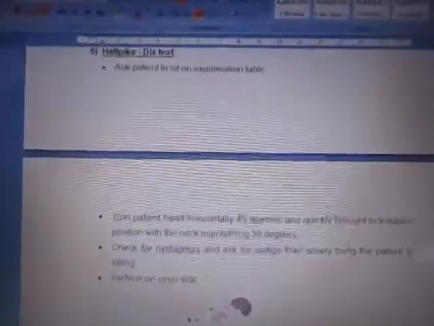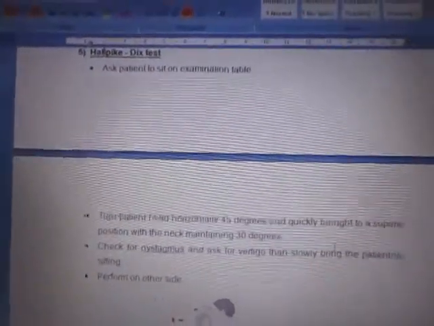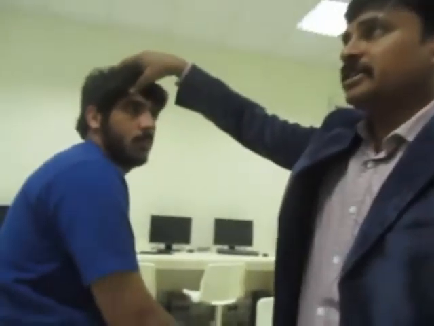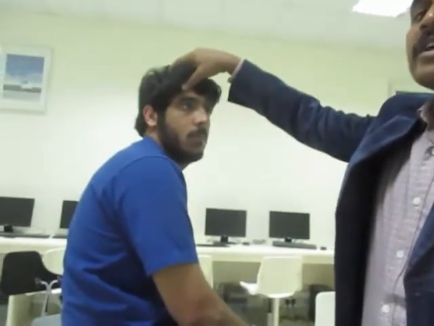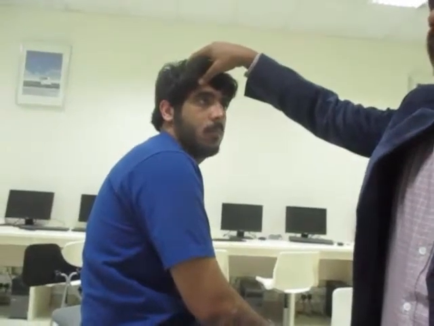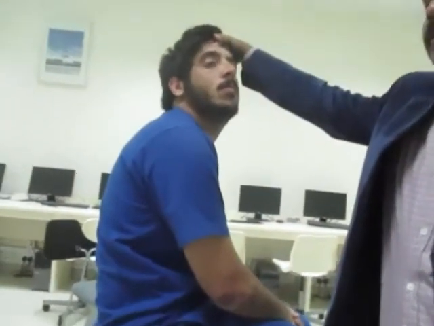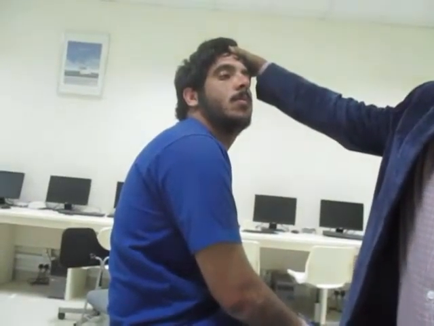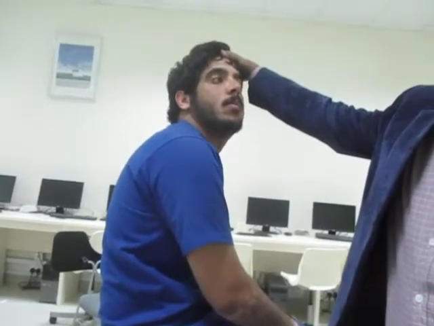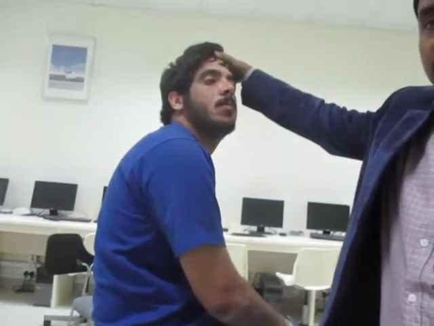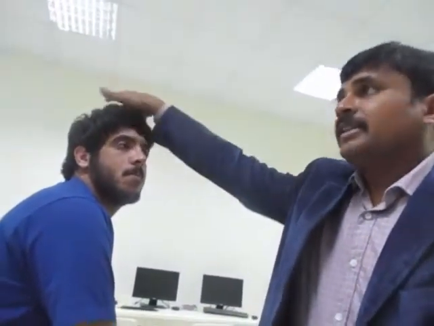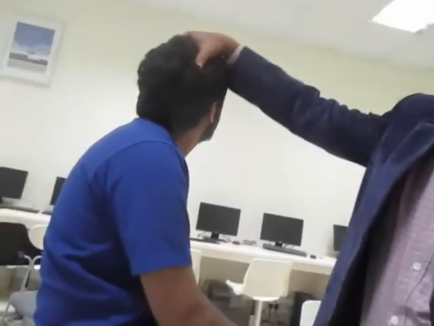Turn the patient's head horizontally 45 degrees and quickly bring the patient to a supine position with the neck maintained in 30 degrees of extension. Check for nystagmus and ask about vertigo. Then slowly bring the patient back to sitting, then perform on the other side.